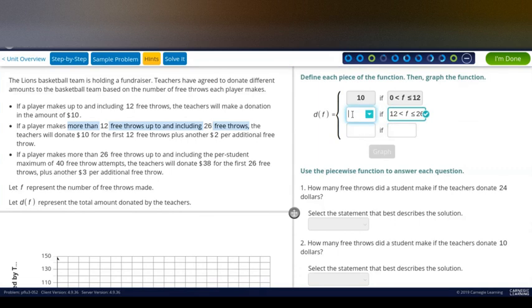And so this one's a little bit trickier. We have teachers donating $10 the first 12 free throws, plus another $2 per free throw. That means we are not counting the first 12 free throws, but everyone after that is $2 per additional free throw. So we're going to start out with 10.